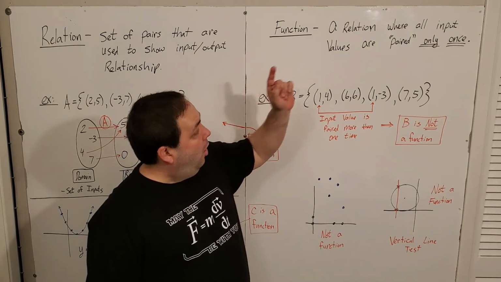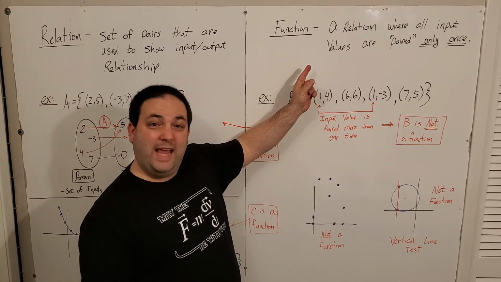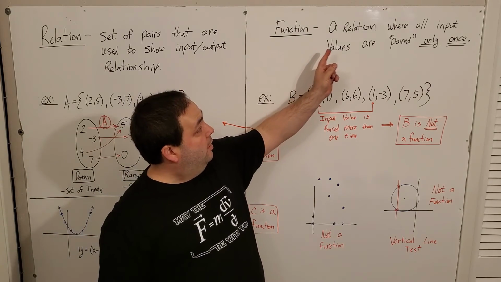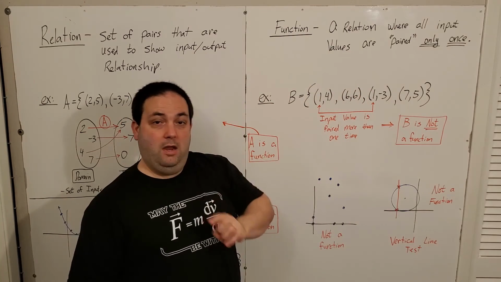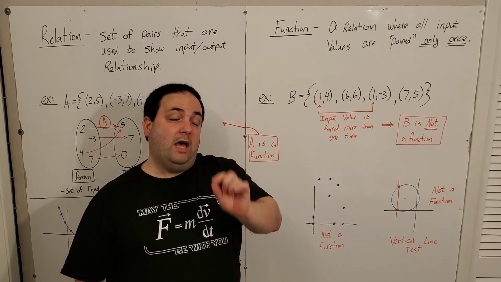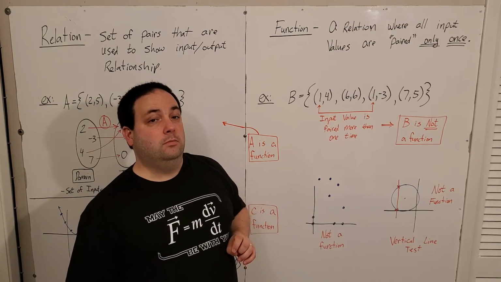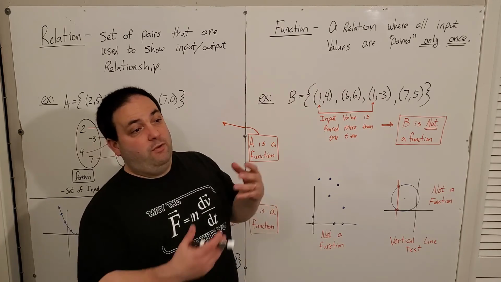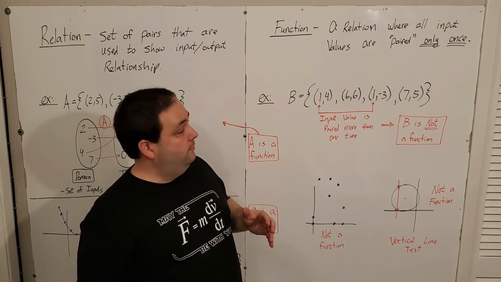But all of the input values, domain values, you're going to be using X's for those, okay? All of those are restricted to one pair. You can only use an X value one time in a pair in your relation, and then it's a function. If you violate even one time, it's not a function, okay?